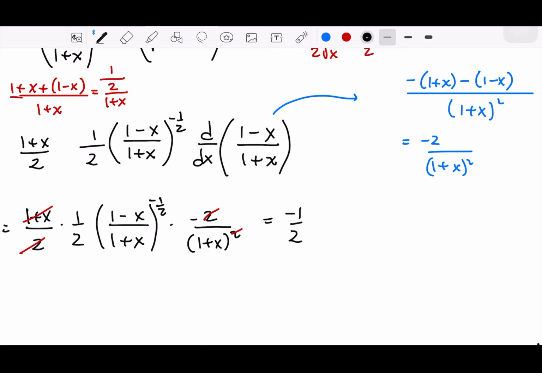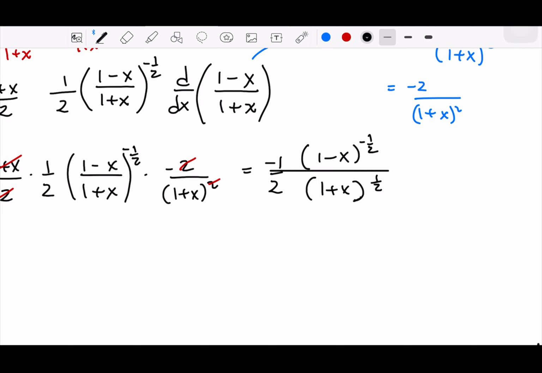So let me write one by one here. So this will be 1 minus x to the negative half, and this will be 1 plus x to the negative half, plus 1. Okay, so we will have 1 plus x to the half, right? This is really good, simple, right? But I'm not done yet. I will make it more simple. I will move this to the denominator.